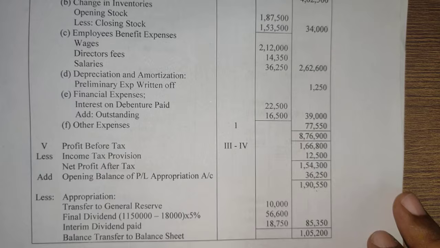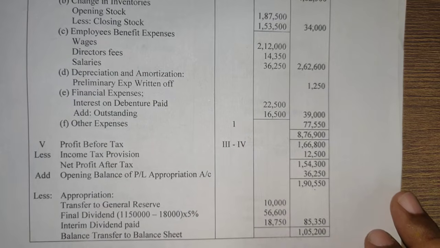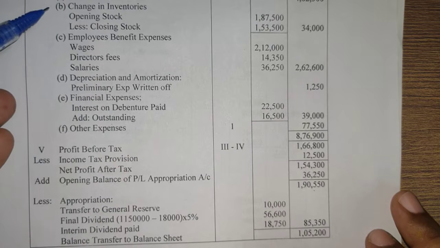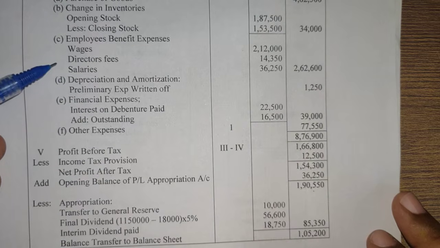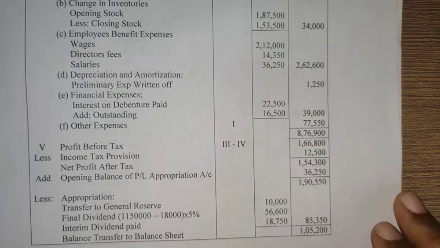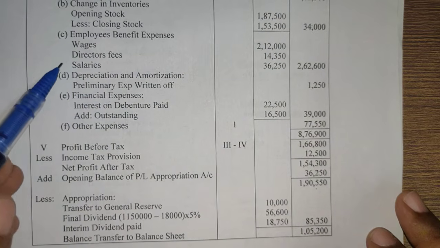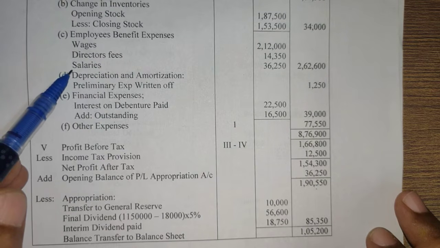Then third is employee benefit expenses. You must maintain the headings while you prepare this profit and loss account in vertical format. So these are the main headings: first goods related, purchase of goods, then change in inventory, then employee benefit expenses, those who are working in the organization, salaries and all that. Three items are given in the trial balance: wages, director fees, and salaries.